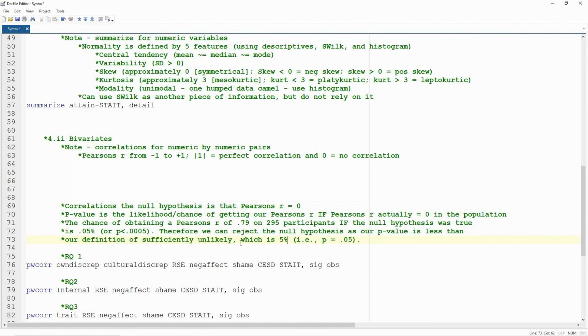So we arbitrarily have this cutoff that we use in psychology of p's needing to be less than 0.05 to be significant. This equates to saying that we need the chance of obtaining our Pearson's R if Pearson's R actually equals 0 to be less than 5%.